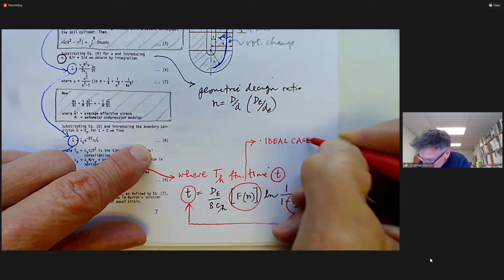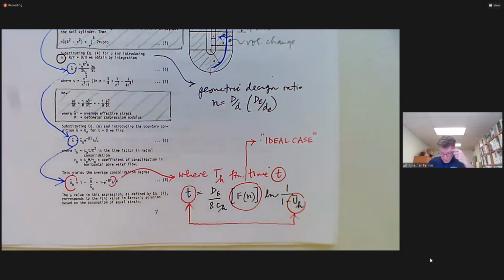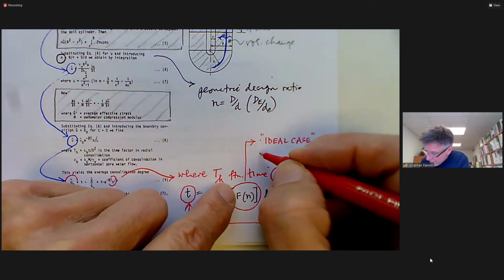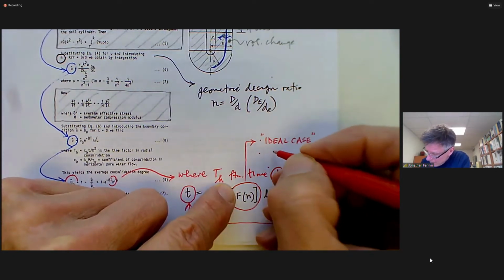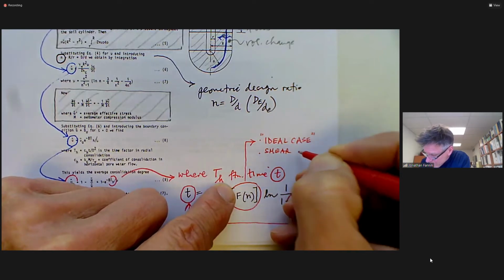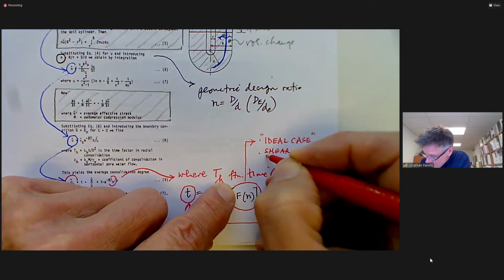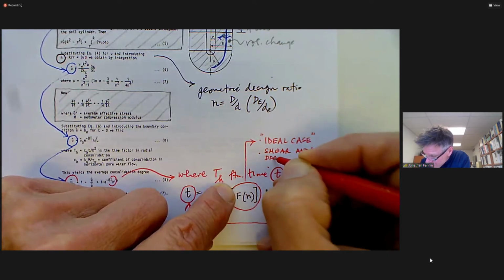Remember that ideal case with no smear and no drain resistance, or whether we're going to consider smear and/or drain resistance.